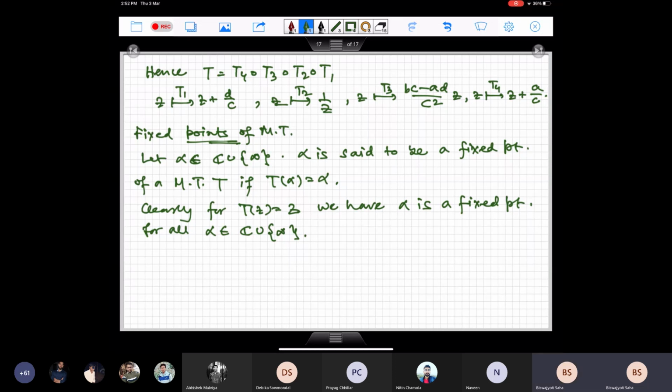Yeah. Okay, so every point is a fixed point for this identity map. Now I am going to take a non-identity one.